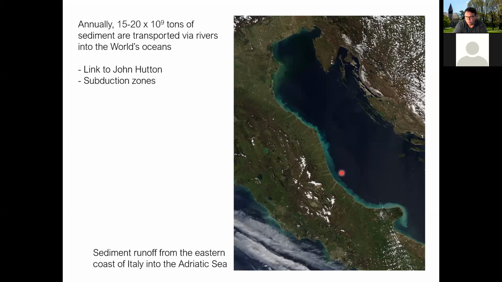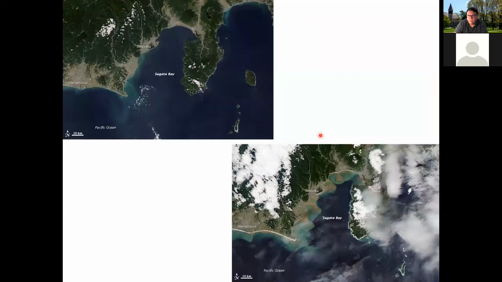So it's a combination of both, but alluvial rivers are what's directly connecting to the Adriatic Sea in this location.